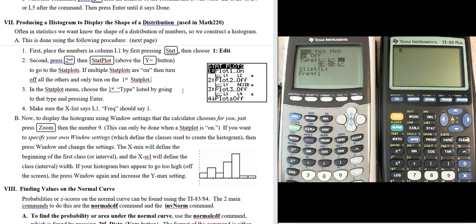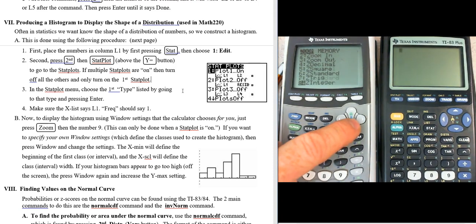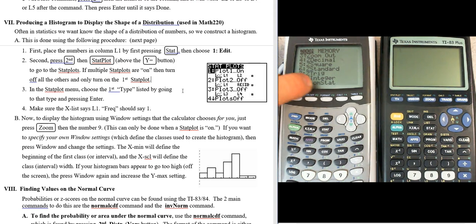Now, I need to do 2 things. Well, actually, let's try hitting zoom 9, which, if you want to see the name of it, is zoom stat. Now, it will produce a histogram if you do zoom stat.